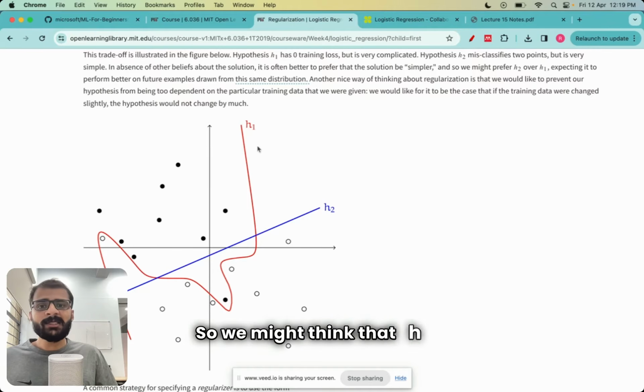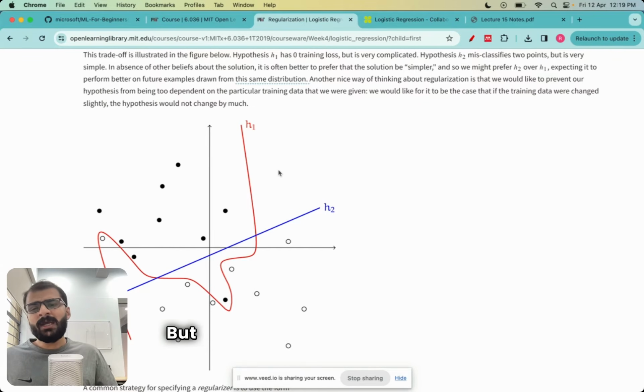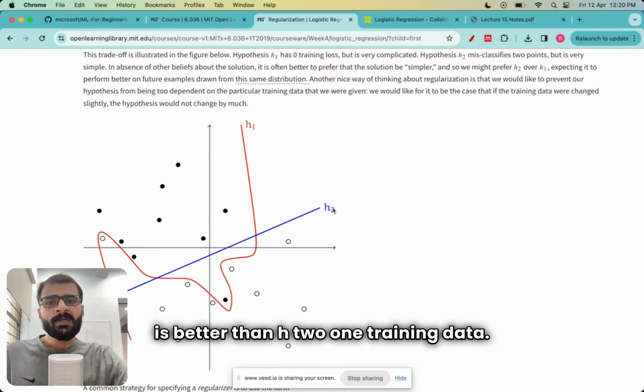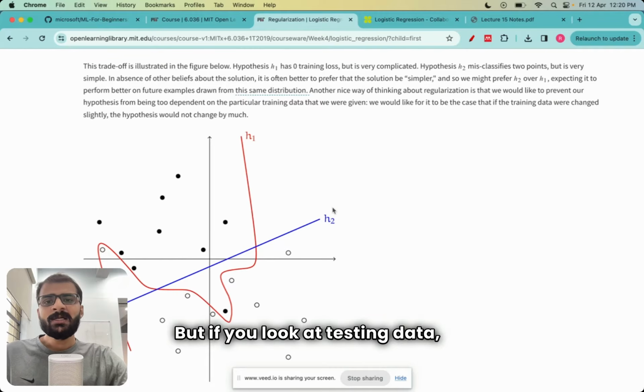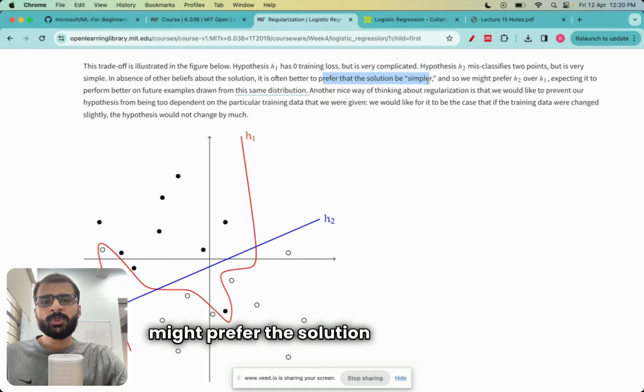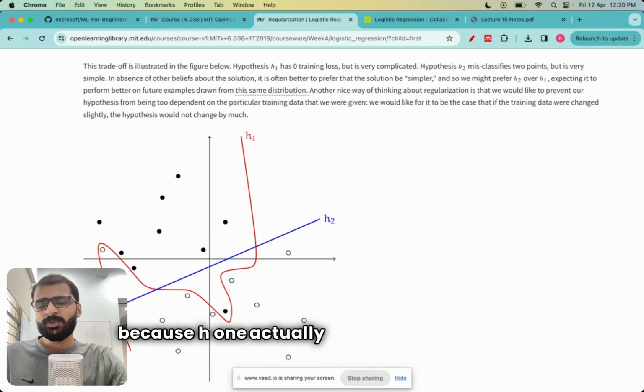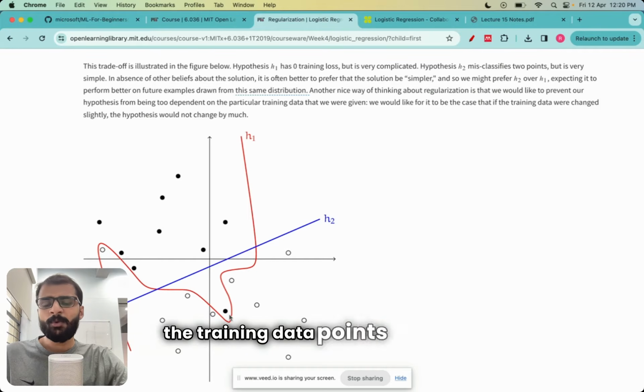So we might think that H1 is better than H2, right? But actually, H1 is better than H2 on training data. But if you look at testing data, we might prefer the solution to be simpler. So we might prefer H2 over H1, because H1 is trying to go through the training data points one by one.